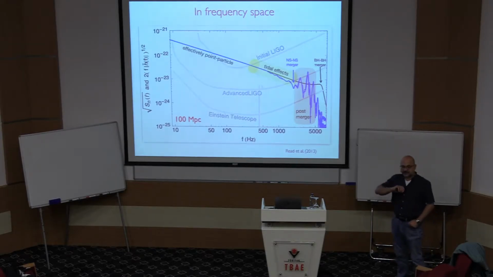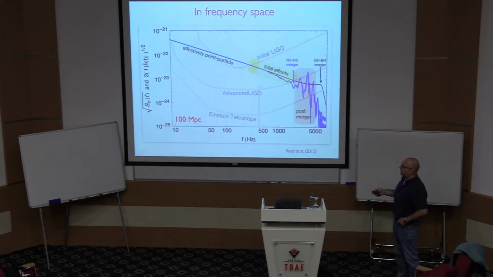Any gravitational waveform will represent a track in this space. So you start up here, low frequency, high spectral density, and then you move towards higher frequency as the spiral proceeds.